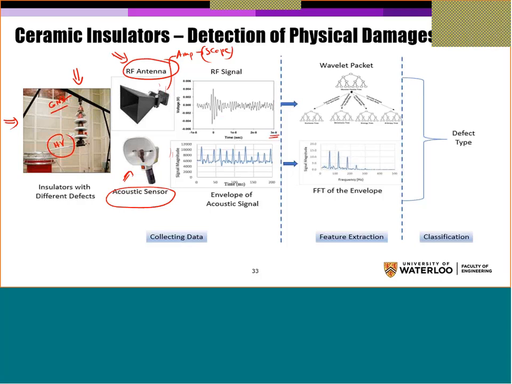Although the signal is a relatively higher frequency than what you can see here, this is a very low frequency signal. This sensor does some pre-processing internally, which is the following. It takes the envelope of the signal. So if I have a signal like this, let's say this is very high frequency, it comes here and takes the envelope of the signal, so it is converted to a very low frequency.